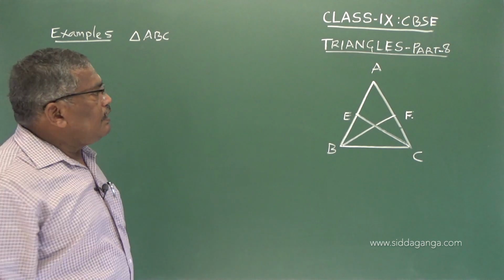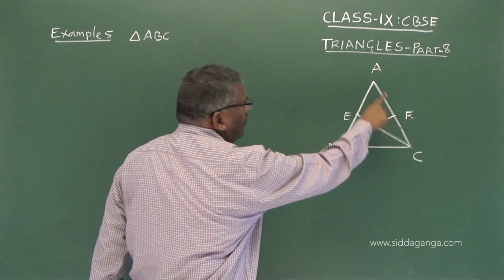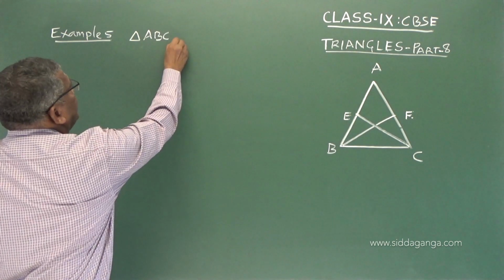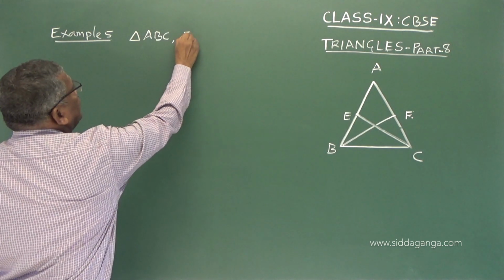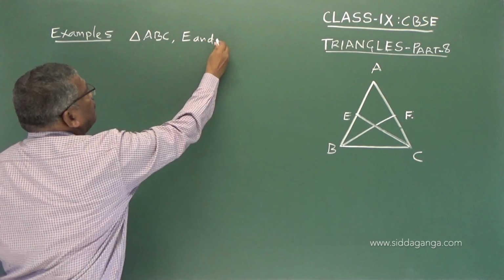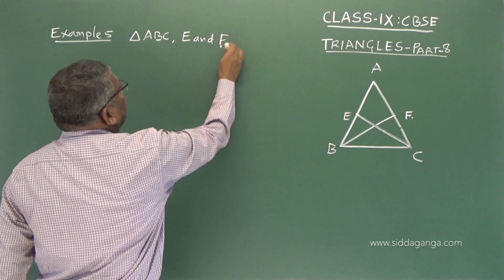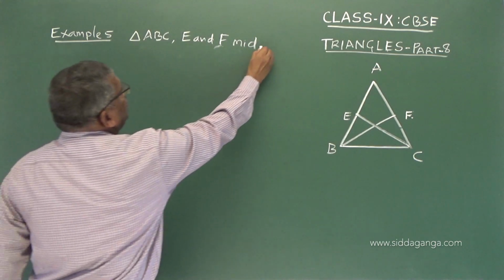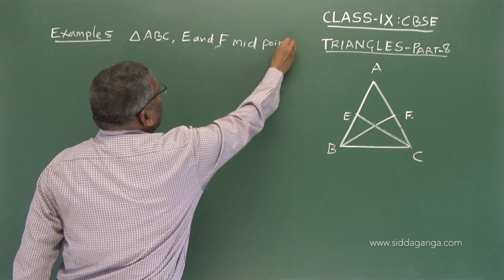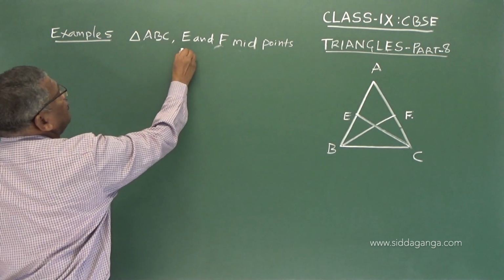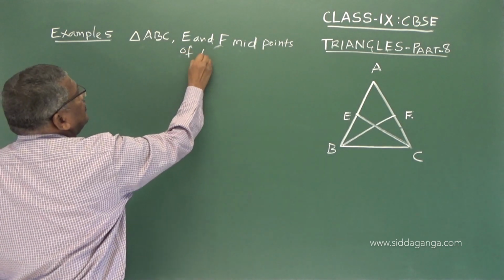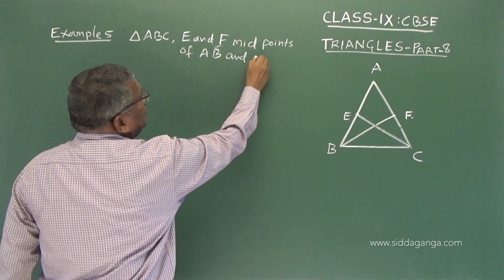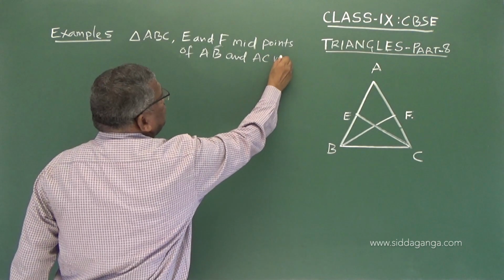In triangle ABC, E and F are midpoints of AB and AC respectively.